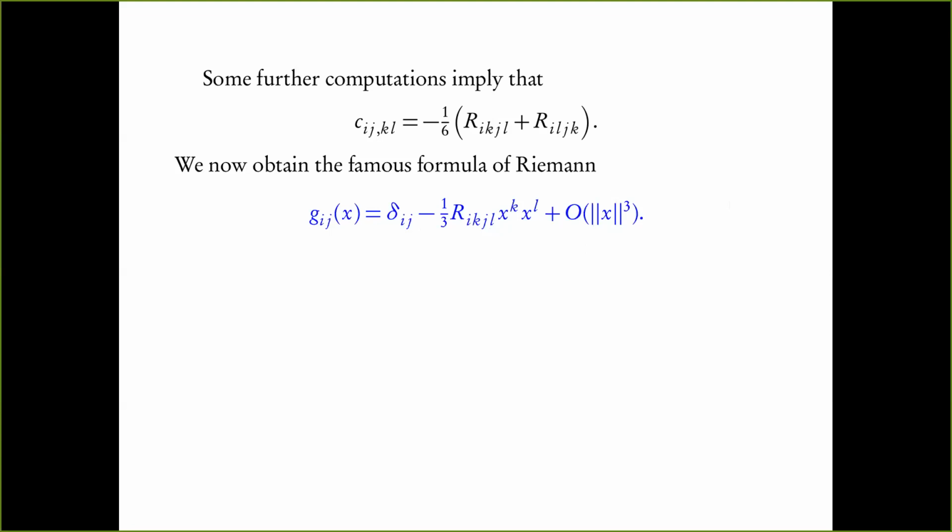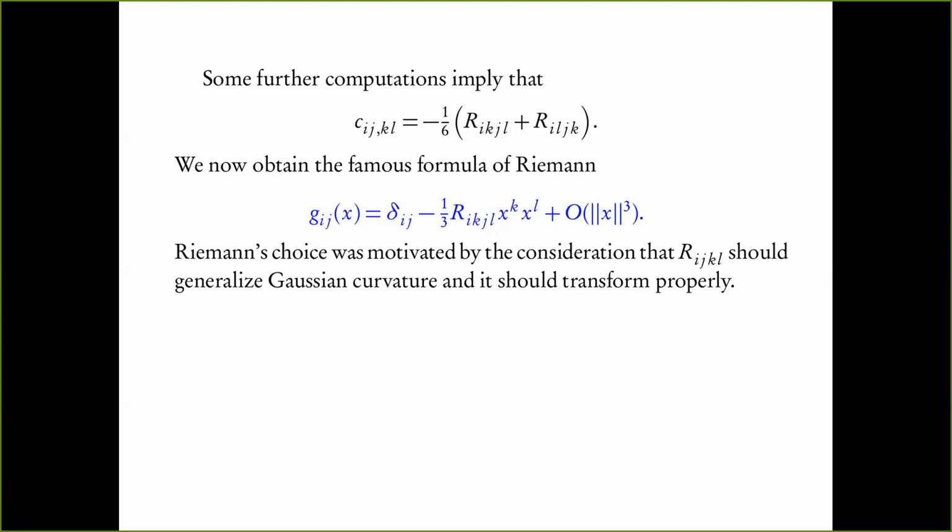But I just couldn't help but share this in the lecture, because this is not there in do Carmo, at least not as I want it to be explained. And although this is not part of the formal syllabus, it would be an incomplete course if you haven't seen this. It's such a beautiful formula.